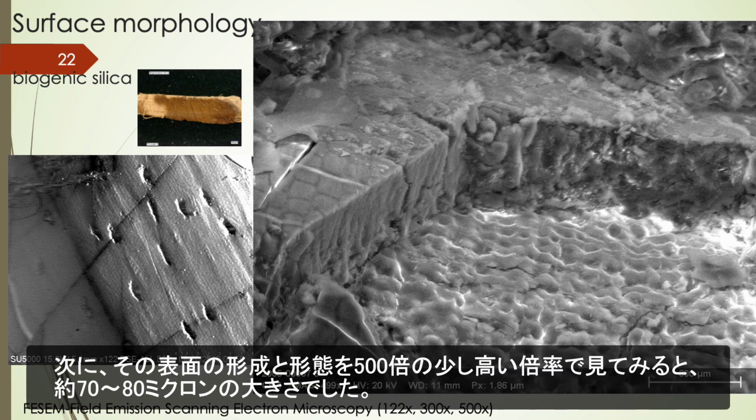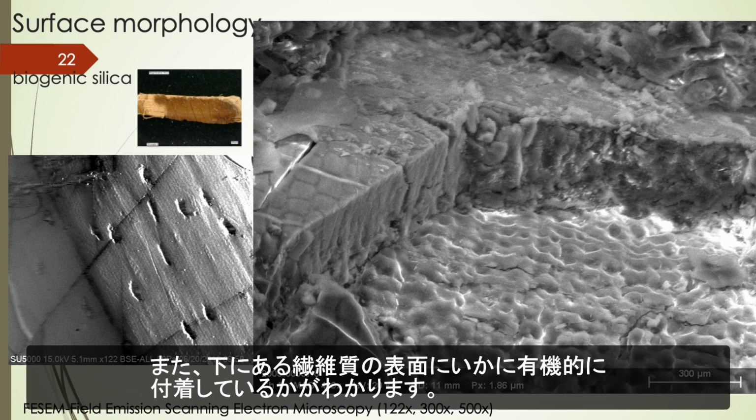Next to it, we see the formation and morphology of that surface at a bit higher magnification, only 500 times. It also allowed us to measure that layer. We also measured it with a confocal laser scanning microscope later, at around 70 to 80 microns.